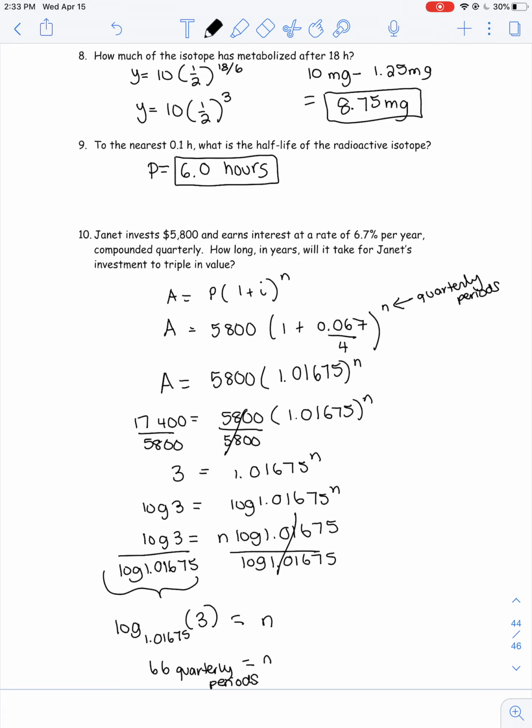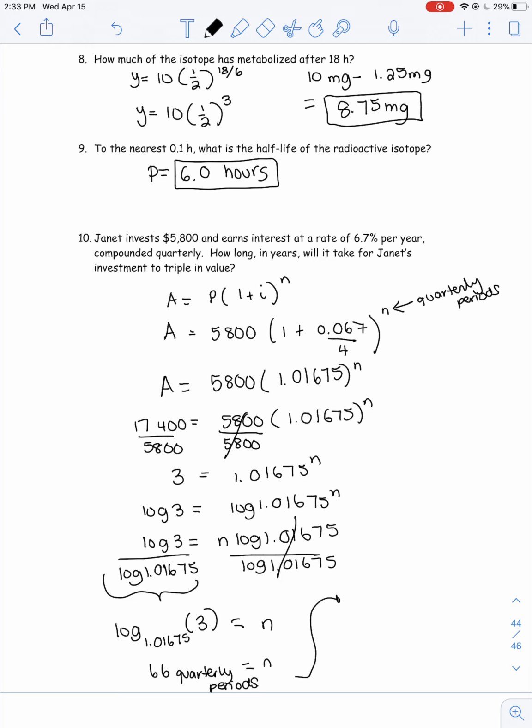So from this answer, we're still going to have to divide our answer by 4. So that's going to take us to approximately 16.5 years. And that's the answer they were looking for, was in years.